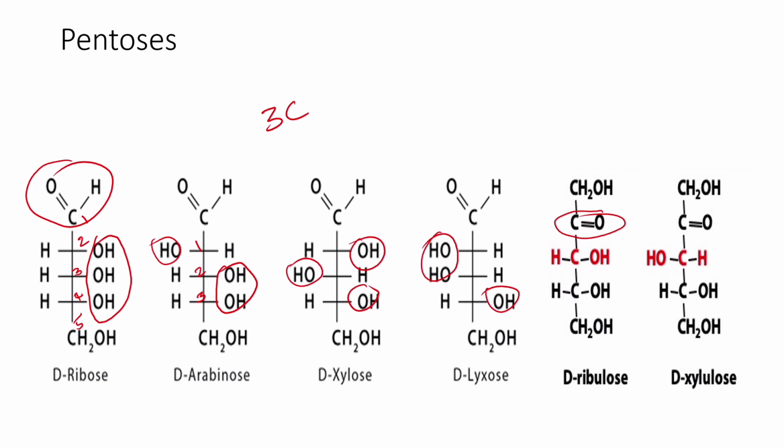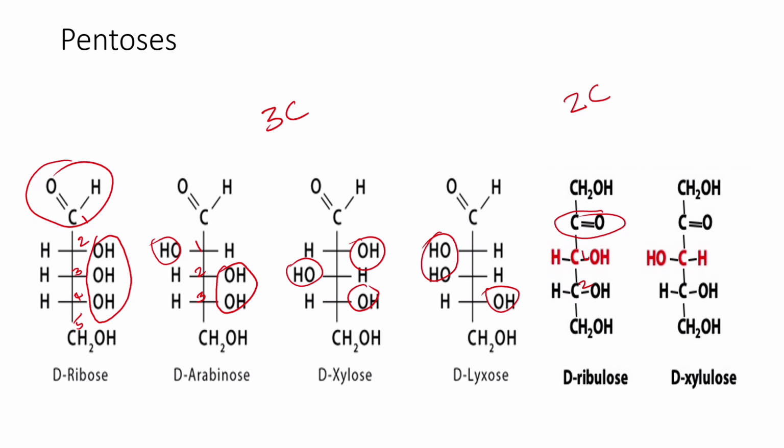They contain only 2 asymmetric carbons. One here, 2. That is 1 carbon less than the aldopentoses. So the ketopentoses contain only 2 chiral carbons.